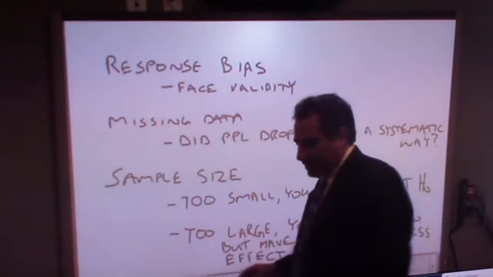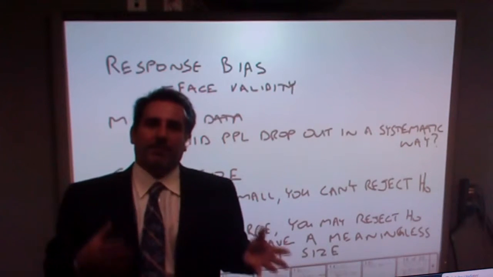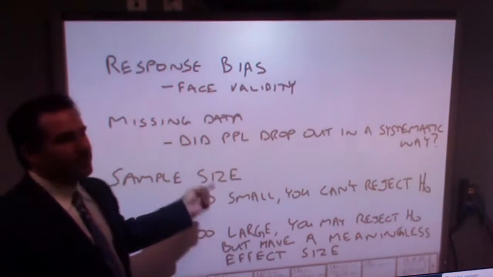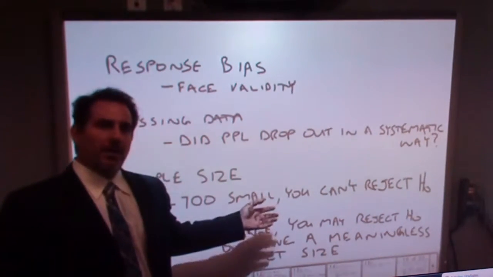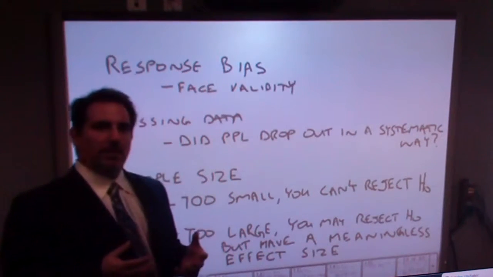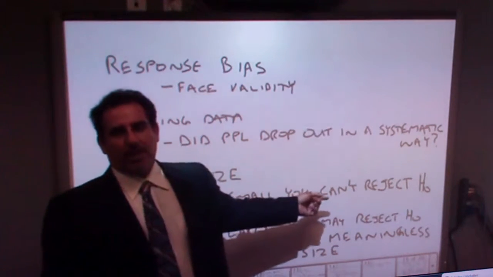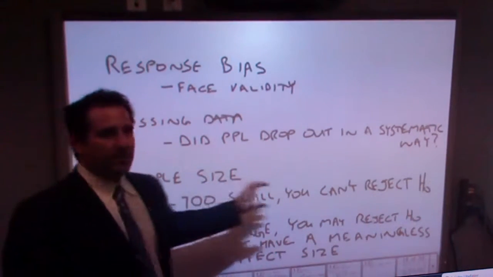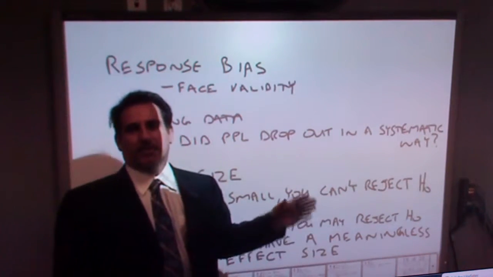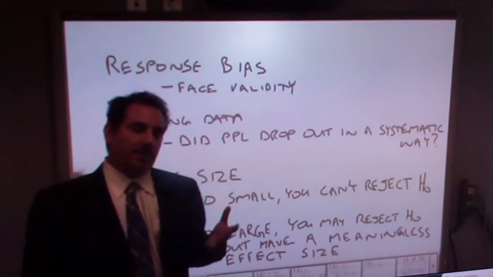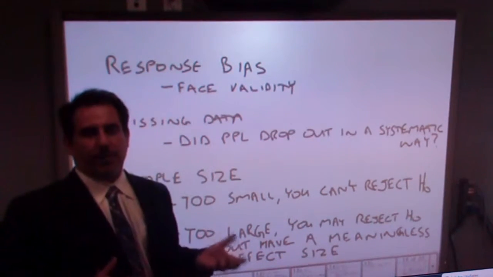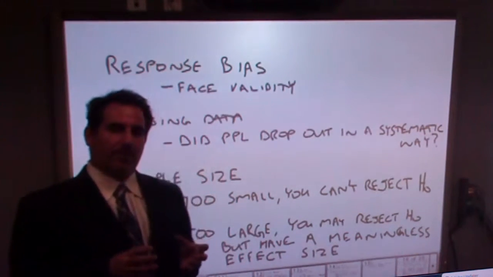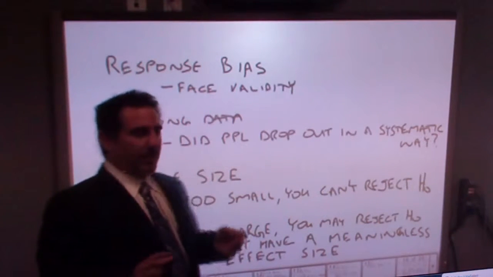Okay, now sample size. I think we all understand that if your sample is too small, you'll be vulnerable to not finding a significant difference between groups or a significant relationship between variables, leading you to be unable to reject the null hypothesis. So if your sample size is too small, it makes your findings suspect, because there actually might be a significant effect size, a significant difference between the groups or relationship between variables, but you aren't seeing it.